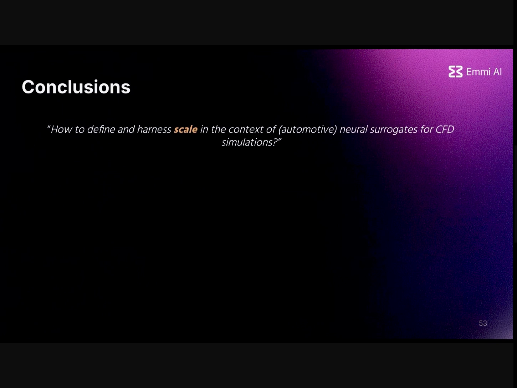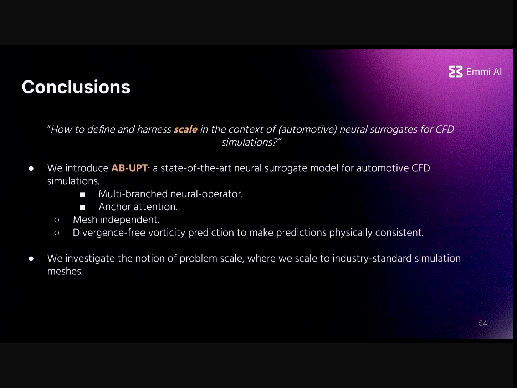So to conclude, we wanted to address the question of how to define and harness scale in the context of automotive neural surrogates for CFD simulations. And to do this, we introduced AB-UPT, a state-of-the-art neural surrogate model for automotive CFD simulations.